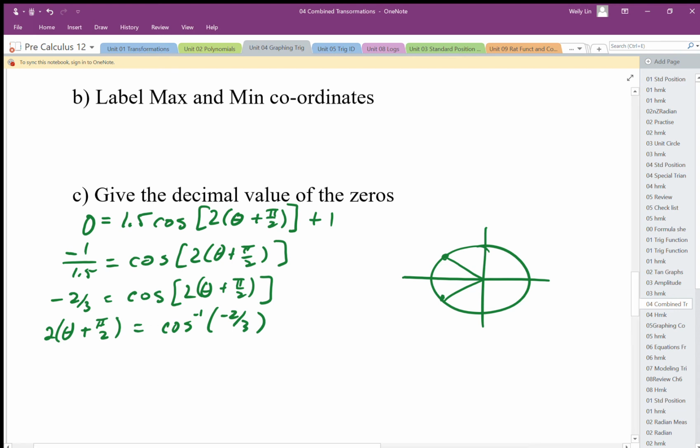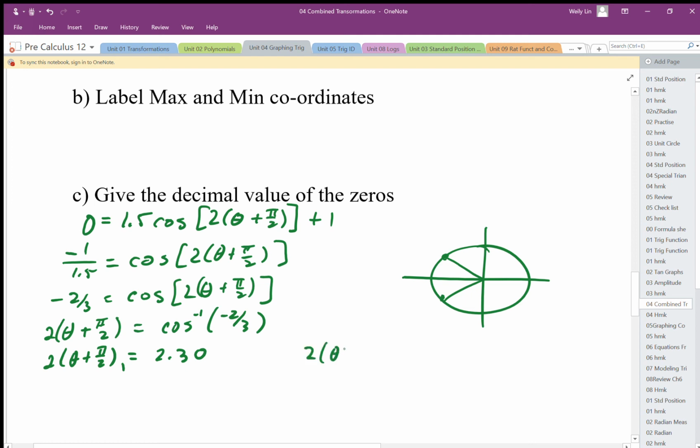Okay, I'm getting that the angle 2 theta plus pi over 2 is equal to 2.30. So that's going to be theta 1. I also have to solve for theta 2.